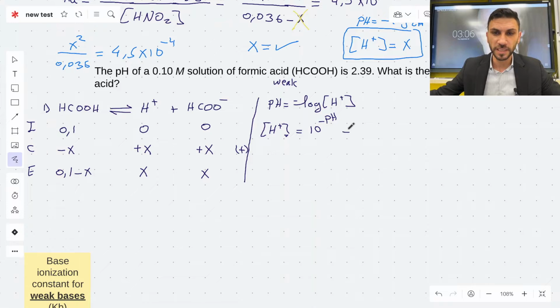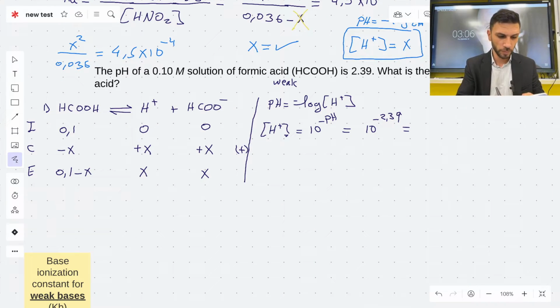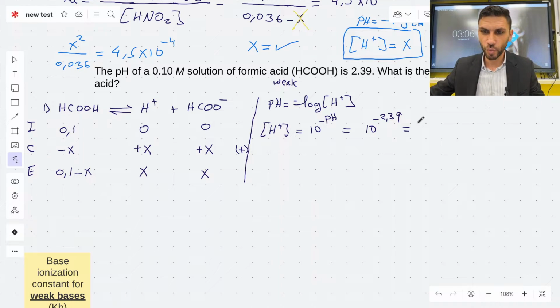In this case, it equals 10 to the power of negative 2.39, which equals 4.07 times 10 to the power of negative 3 molar.